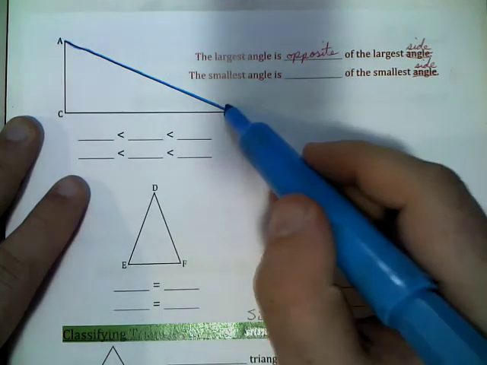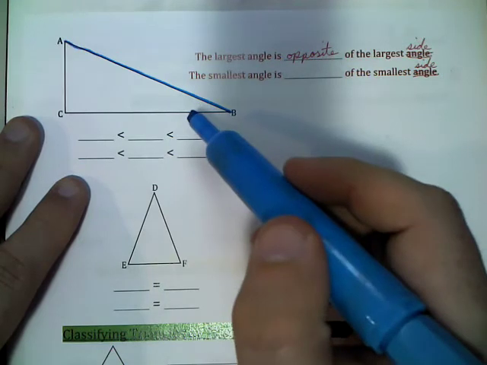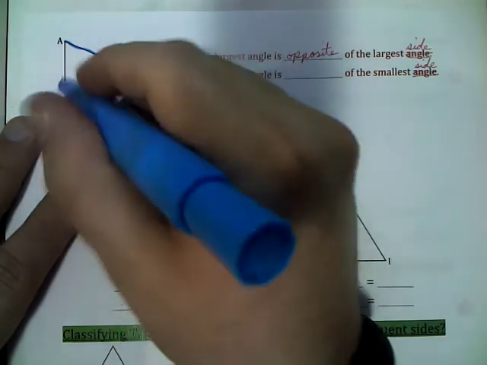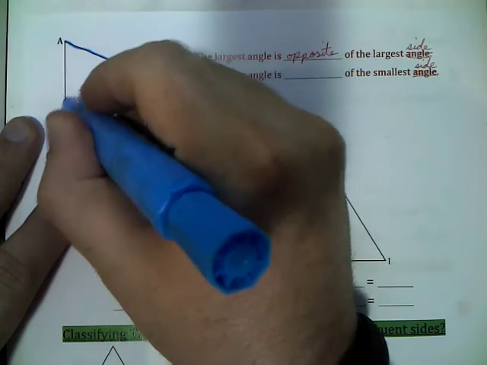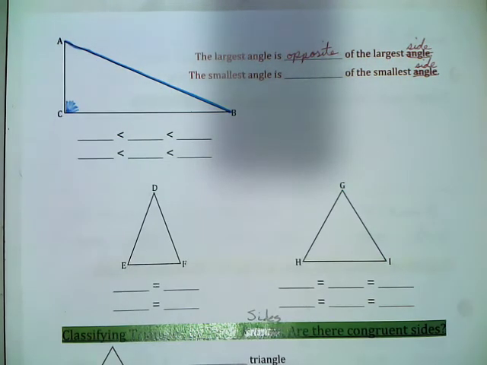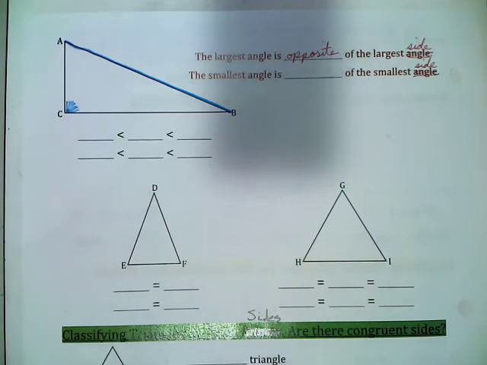It's not going to be angle B. This side touches both A and B. So opposite of this side here, opposite of side AB, is angle C. So angle C here must be the largest angle. The largest side is opposite of the largest angle. The largest angle is opposite of the largest side.